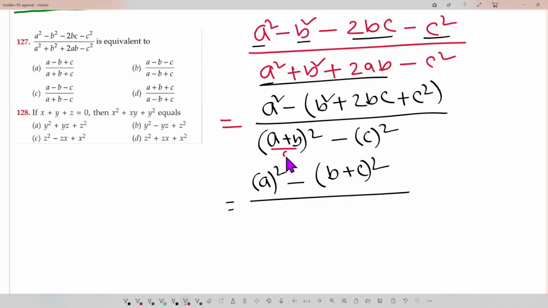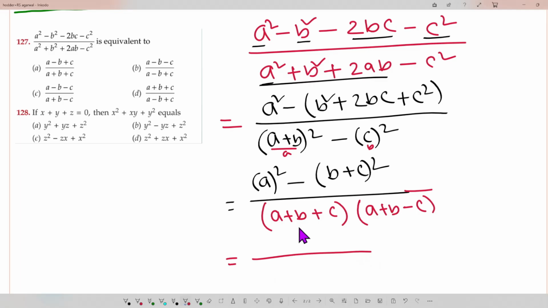Here is also looking a plus b. If you consider a, it will be a square, and if c is considered b, it will be b square. So we can write a plus b plus c, a plus b minus c. What about the numerator? Look, this is a square and minus b plus c, we can call this one b.